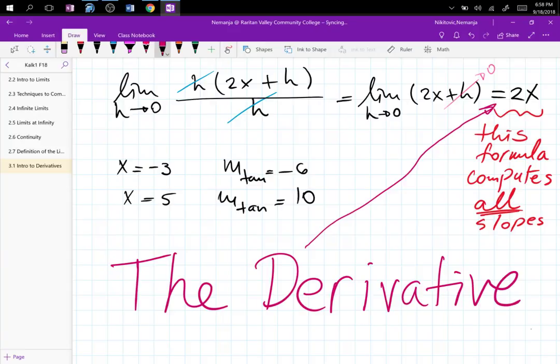So the derivative is a function which computes all of the slopes of the tangent line. That's the derivative.